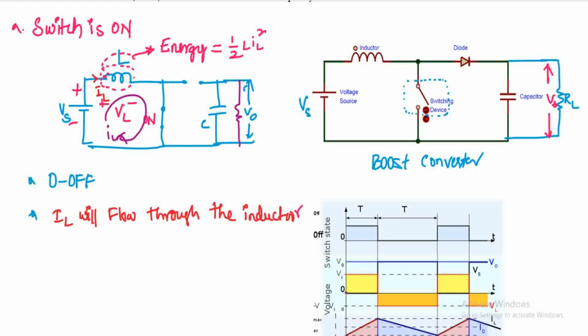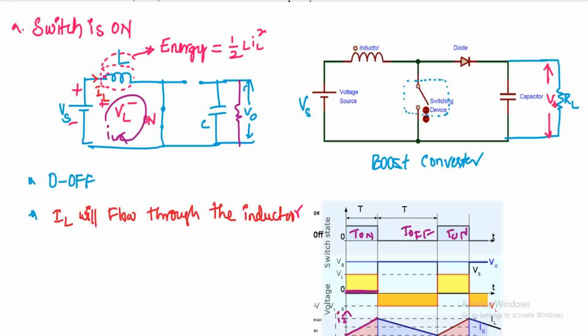We are going to draw the graph here. This is T on condition, this is T off period, and this is on condition. While the switch is on, there is no voltage across the output, so we draw the output voltage as 0 here. But the current through the inductor, IL, is increasing from 0 during T on.